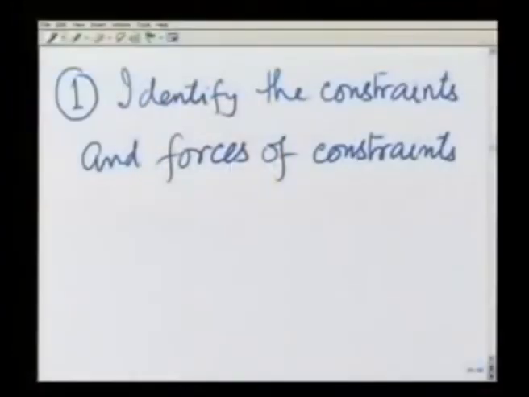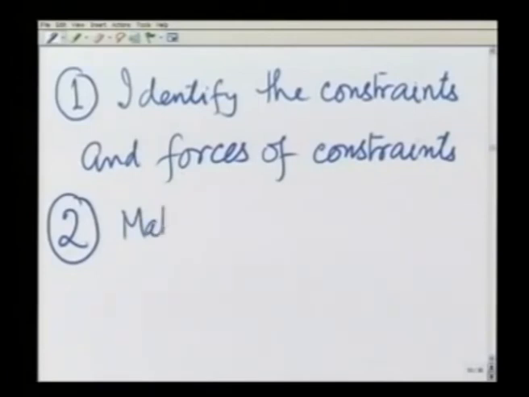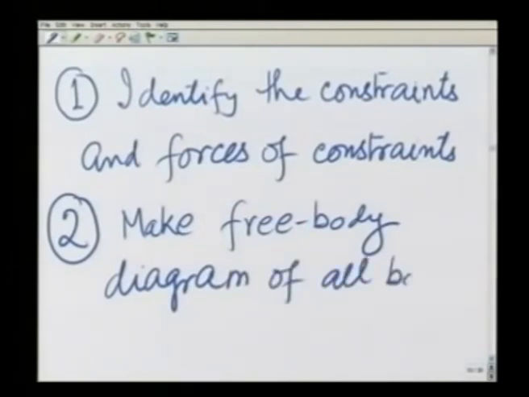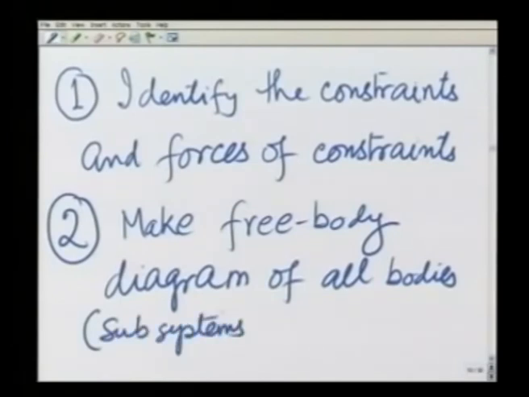Once I have identified the constraints and forces of constraint, the second step is: make free body diagram of all bodies, and these bodies, which are treated separately, are also called subsystems of the system.